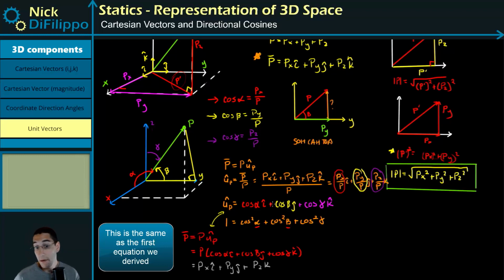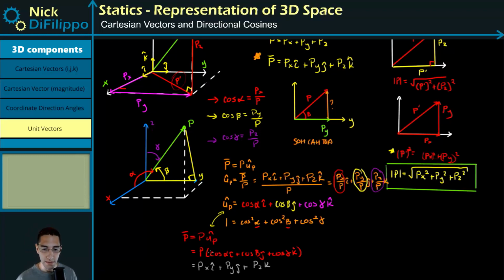And let's just verify one of these. Why did this p go away over here? Well, if I take this p times the cosine of alpha i, and I substitute in px over p, I'm going to have p times px over p times my unit vector i.